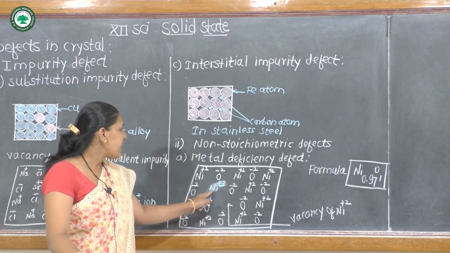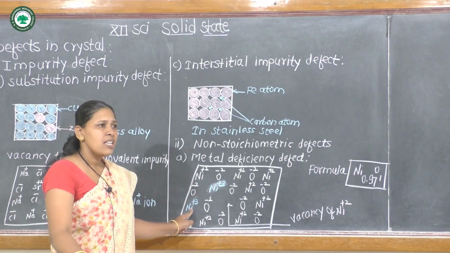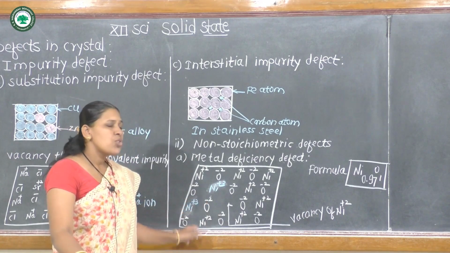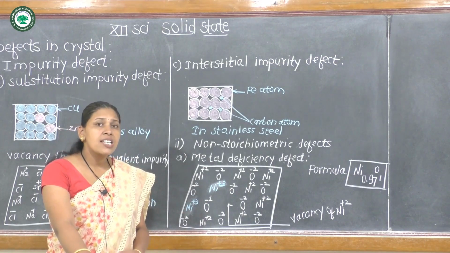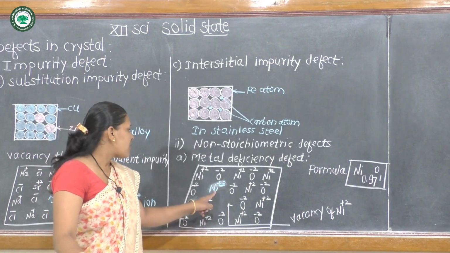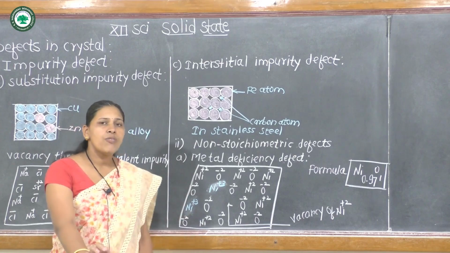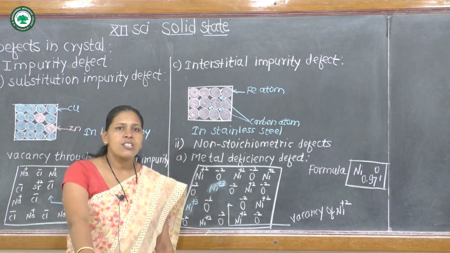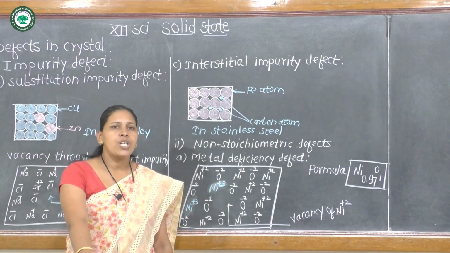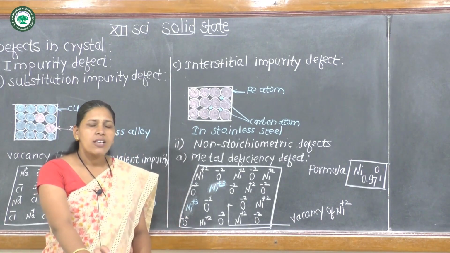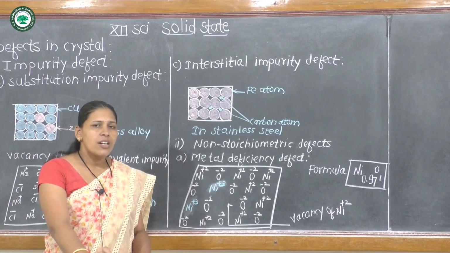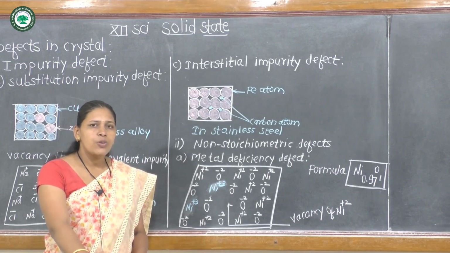Here nickel +3 and nickel +3 are at the positions of nickel +2. Therefore the positive charge is increased by 1 unit for this one and 1 unit for this one, so by 2 units in total, while the crystal must be electrically neutral.